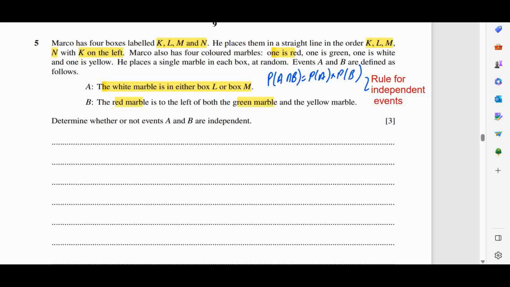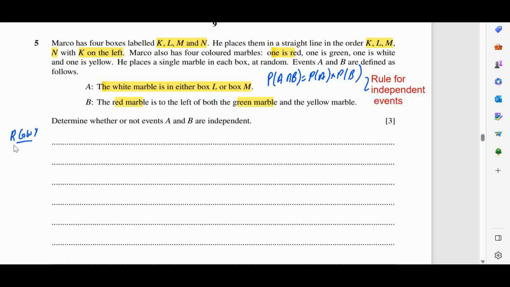Now we are interested in the probability, so first we must know the total number of arrangements for red, green, white and yellow.